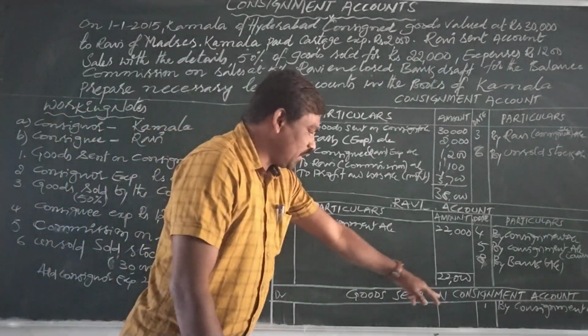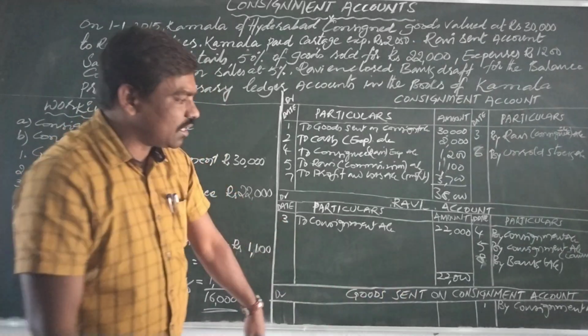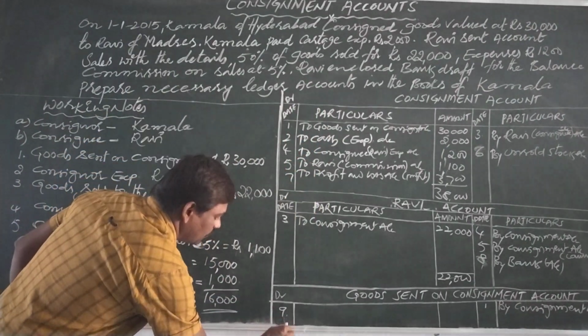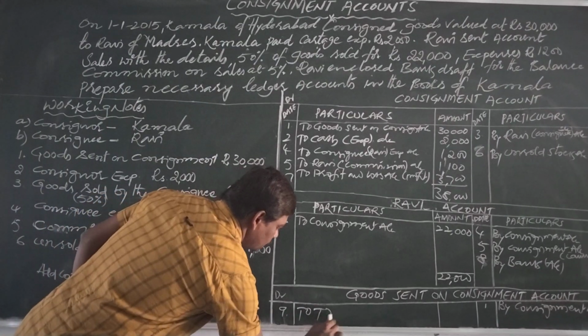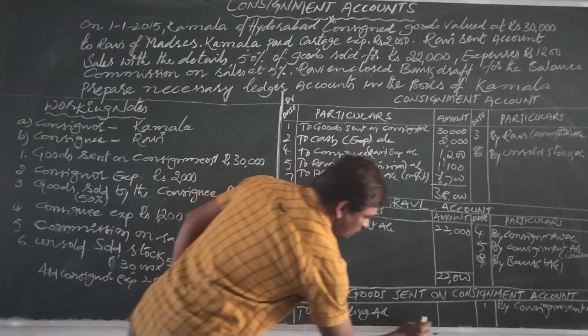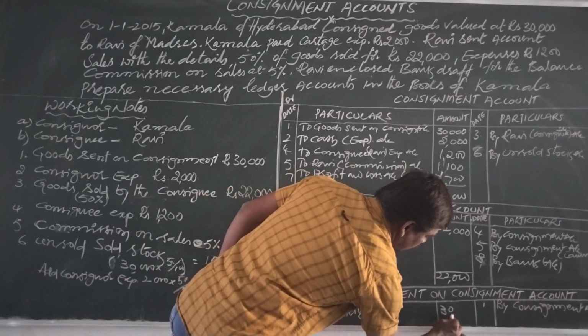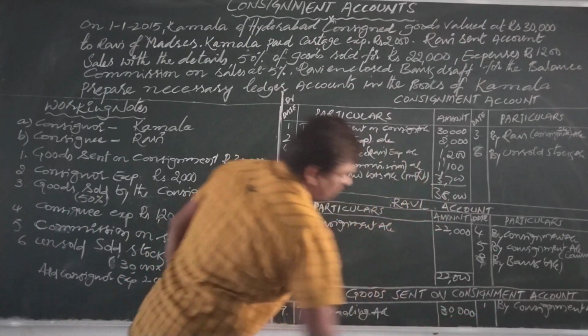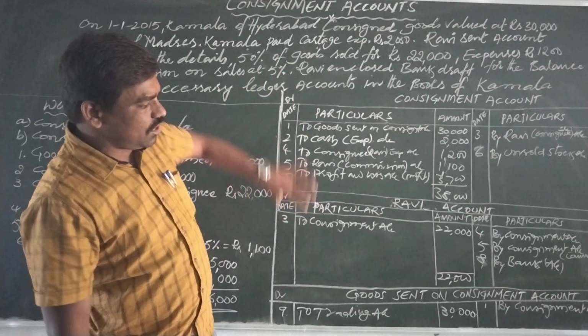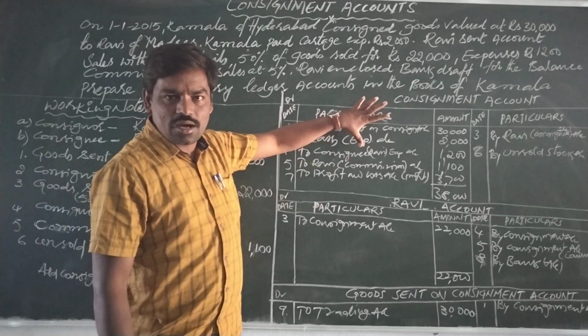That last point, we transfer the goods and consignment account balance to trading account. So here 0.9 to trading account. So that is rupees 30,000. In this way, we can prepare the necessary ledger accounts in the books of consignor.